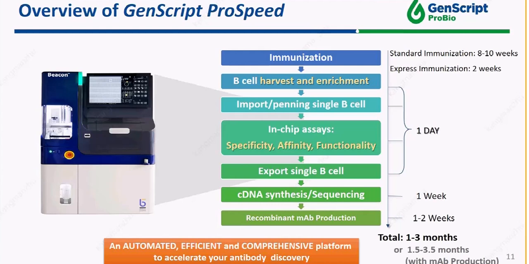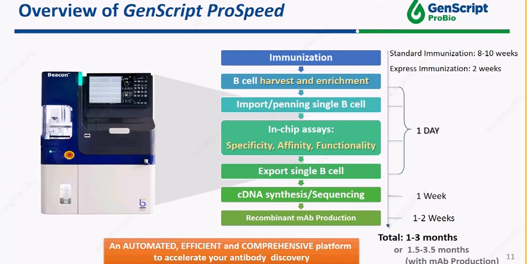After the single cells are loaded, we can perform various assays, including testing for specificity, affinity, and functionality. After the clones of interest are analyzed and identified, B cells will be exported into lysis buffer for downstream sequencing and recombinant mAb production.